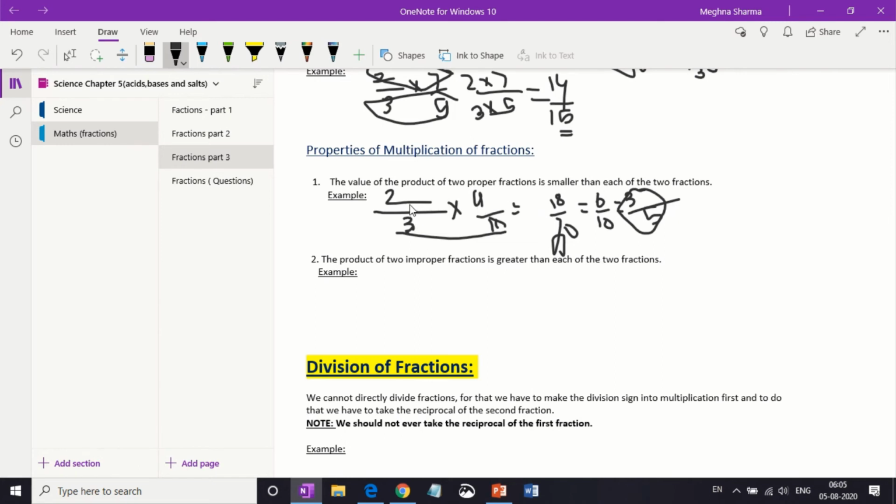See here the numerator is smaller than the denominator in both cases, so these are proper fractions. In case of proper fractions, when you multiply them, you always get a smaller product than those two fractions. But in case of improper fractions, it is the reverse of that. You get the greater. Now let me take one example.